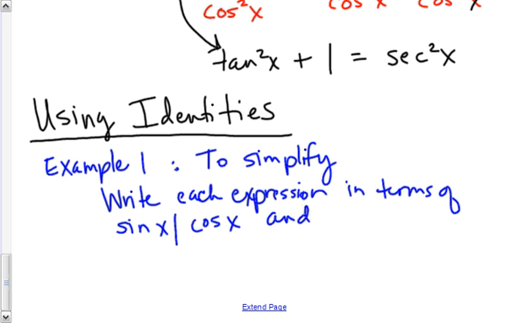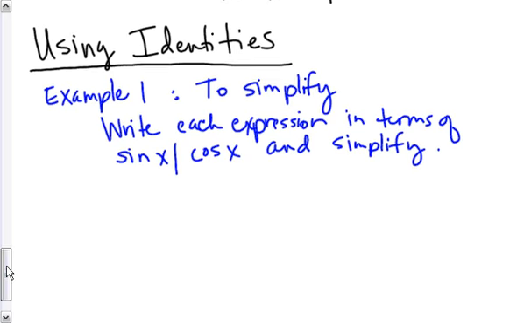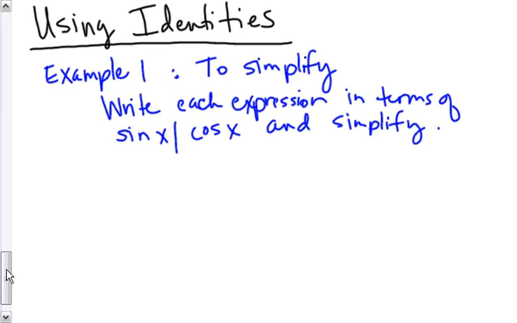Simplify. So they don't want any cosecants, they don't want any secants, they don't want any tangents, just sine or cosine. Simplify.